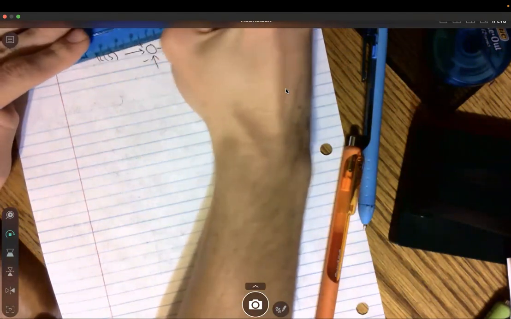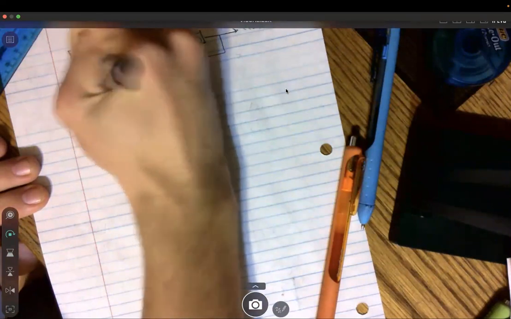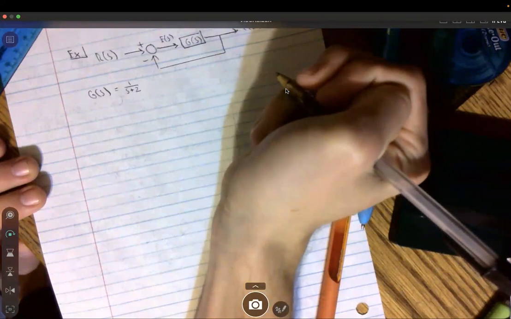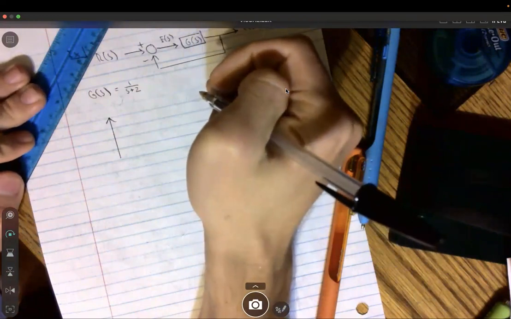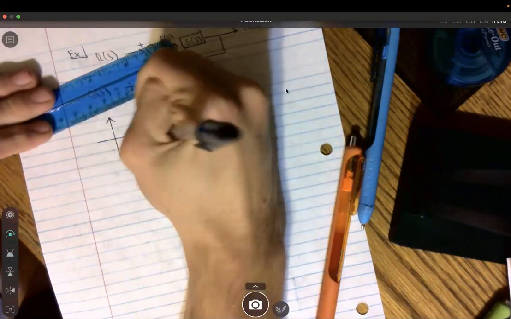We have our G of S, and then it goes through to C of S. So they gave us that G of S is equal to 1 over S plus 2, and they said find the Nyquist diagram. So here, remember, for a Nyquist diagram, we're going to have 3 specific segments.